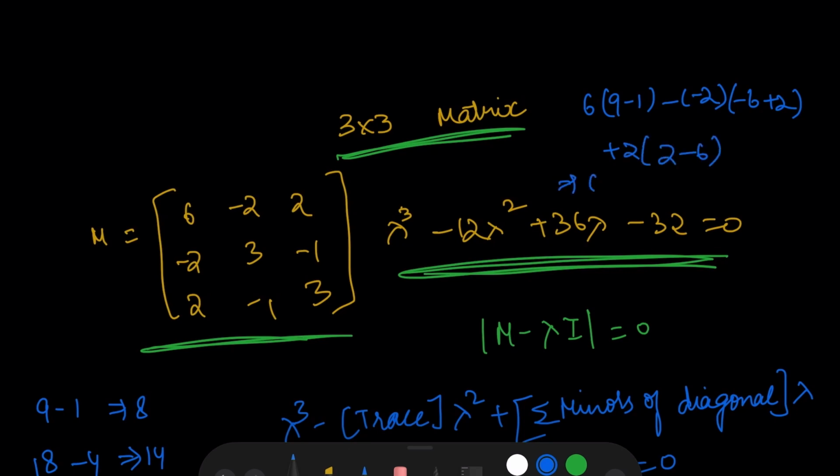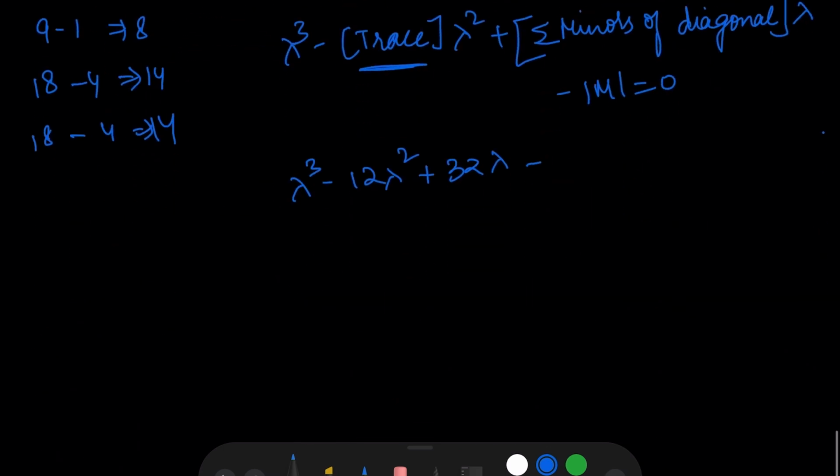So this is equal to 6 into 8 plus 2 into minus 4 plus 2 into 2 minus 6 is minus 4. So the determinant is equal to 48 minus 8 minus 8. So this is equal to 40 minus 8, so 40 minus 8 is 32. So minus 32 equal to 0.